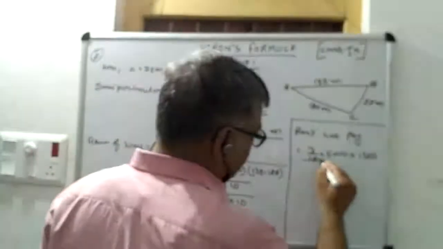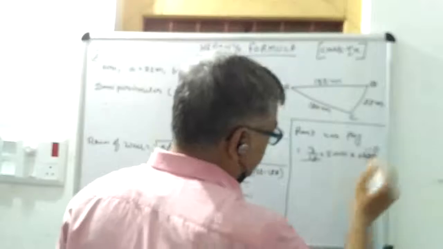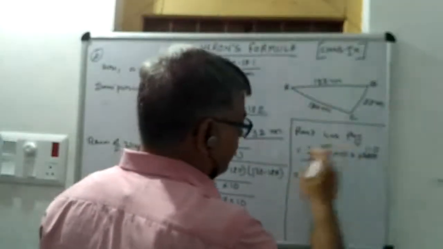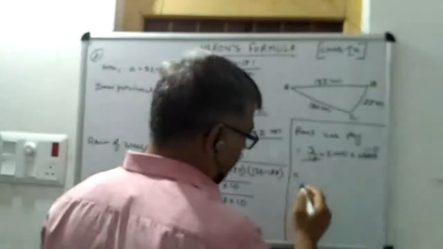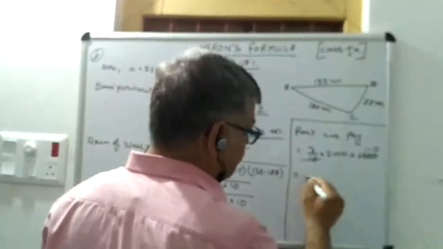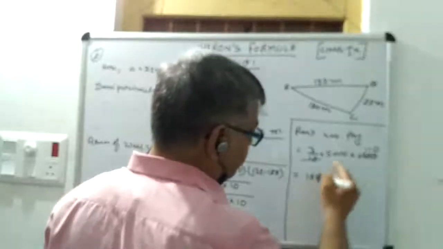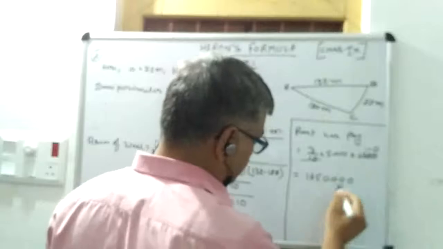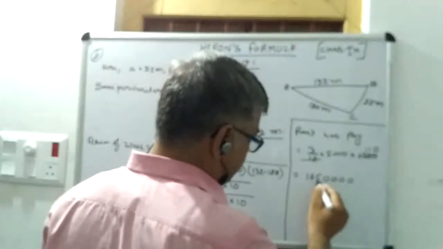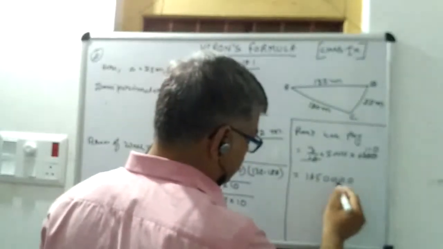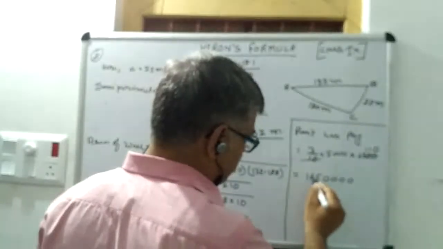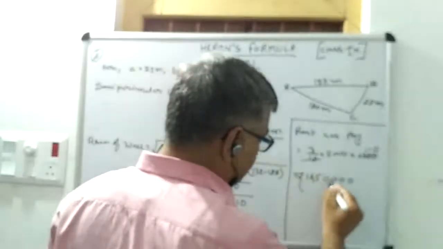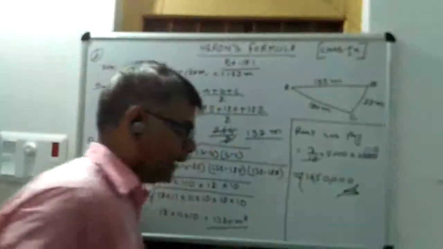So now multiply 12, 11. So it will be 11 into 3, 33 into 5. 33 into 5 will be 165. Then we have 4 zeros: 1, 2, 3, 4 zeros. It means it will have 16 lakh 50,000 rent to pay.